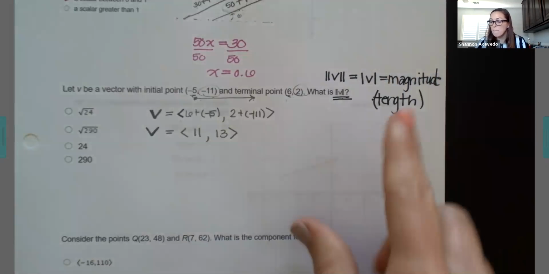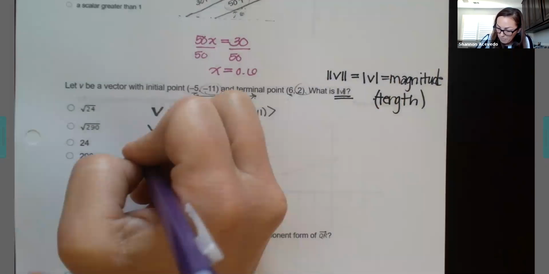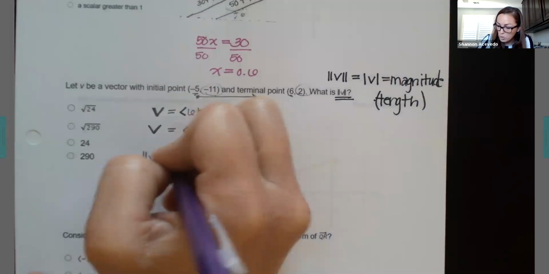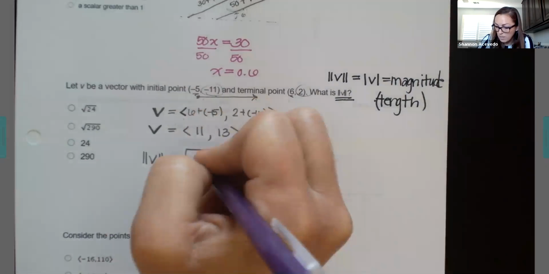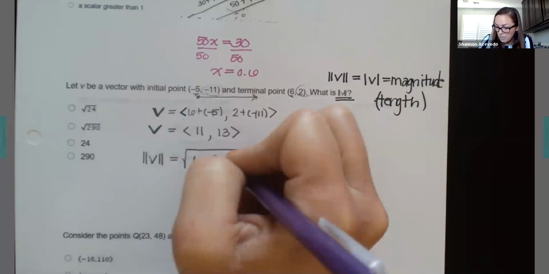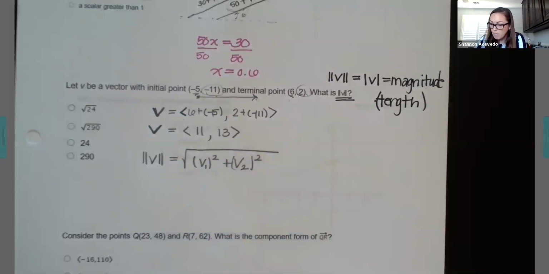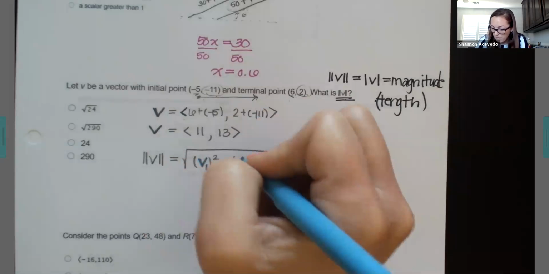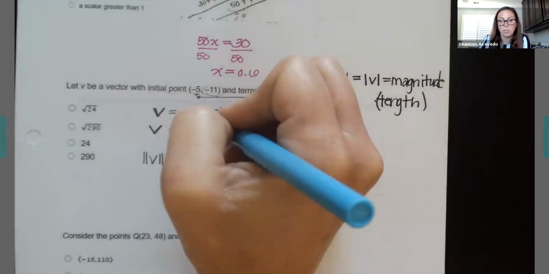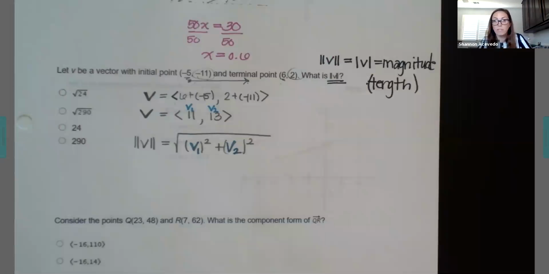So if I want to figure out the magnitude of V, the magnitude of V is going to be the square root of V1 squared plus V2 squared. Remember, when I talk about V1 and V2, this is my V1, this would be V2. I'm talking about those points of A and B, X and Y, whatever you want to reference them to.